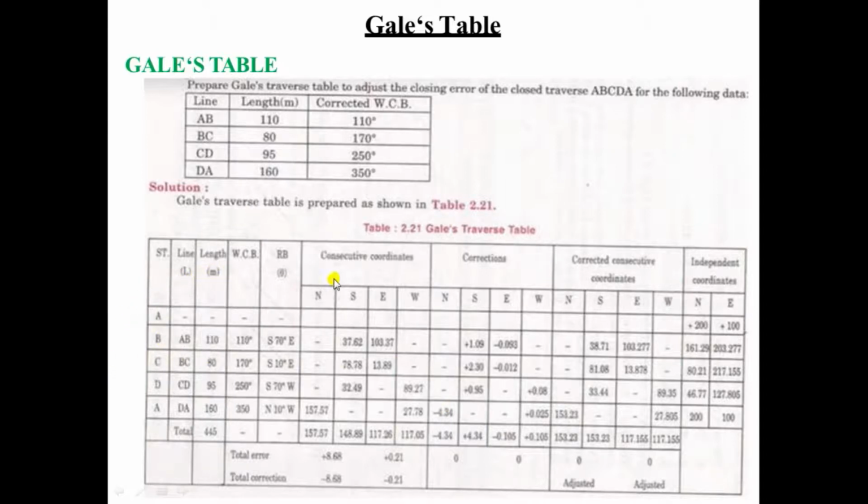That is another set of columns and data format that we can use for our data preparation. This table is called Gales traverse table. Gales traverse table is nothing but a format of data collection and data preparation.